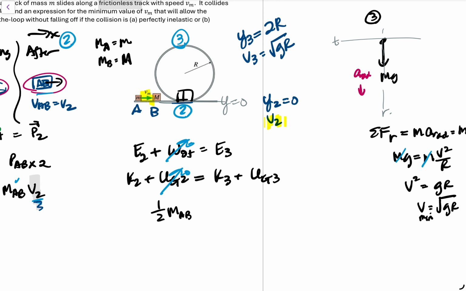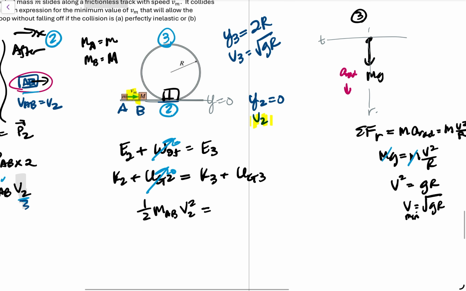Mass of AB, and this is V2 squared. It's going to equal my K3, which is 1/2, still the mass of both blocks together, times V3 squared, plus the mass of both blocks, g times 2R.